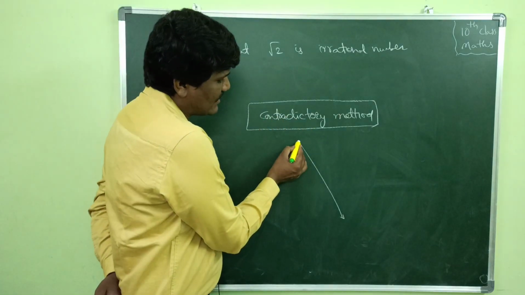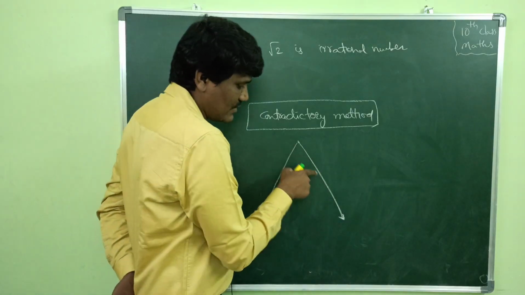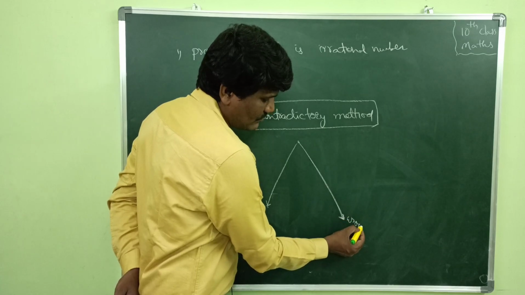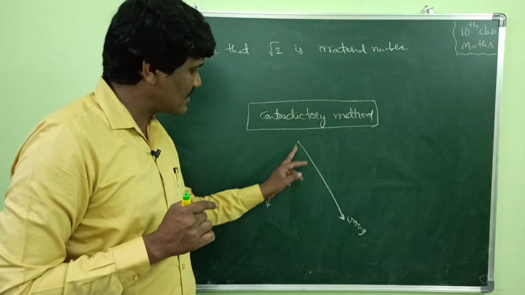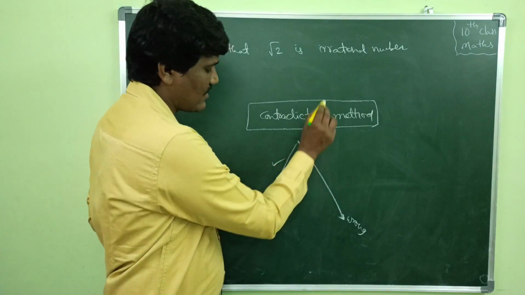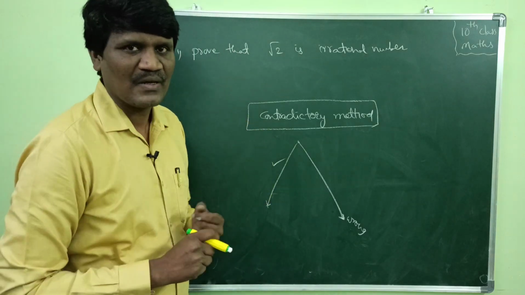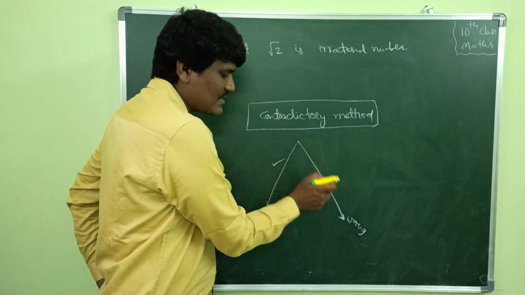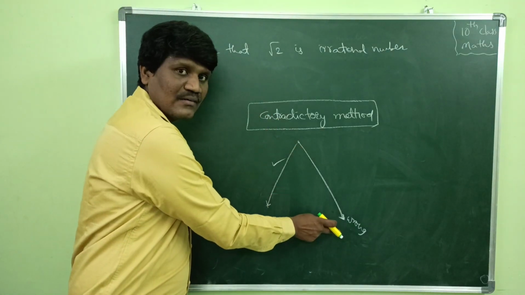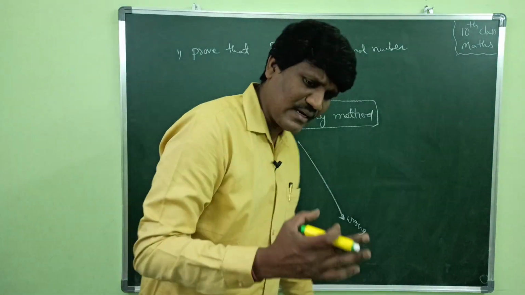Suppose I selected this way, and if I get anything wrong, then I can prove that the other way is the correct way. Understand? If I select any way and it is wrong, then the other way is right. Anything you take, there are two things.